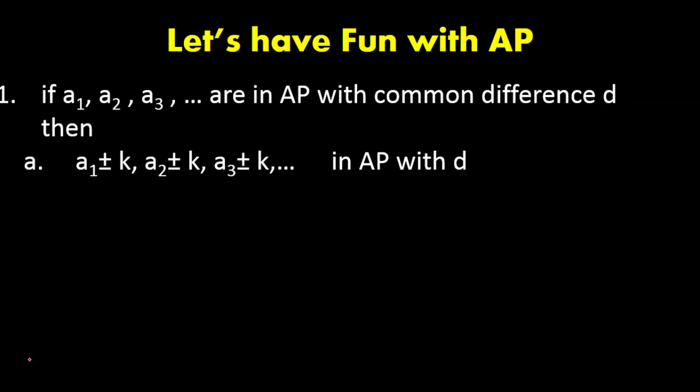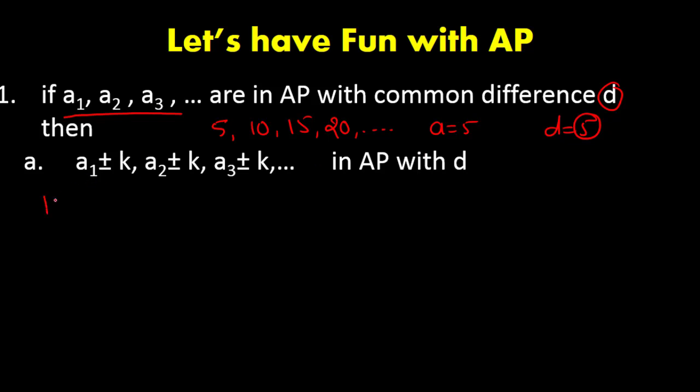Let me clear everything. If a1, a2, a3 are in AP, first consider the same example: 5, 10, 15, 20. These are in AP. Here a is 5, and the common difference d is 5 again. Then a1 plus or minus k, where k is a constant.